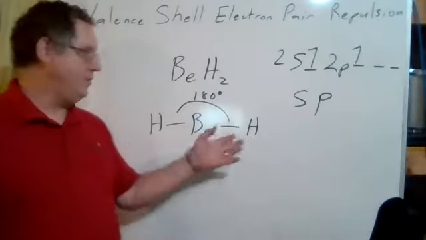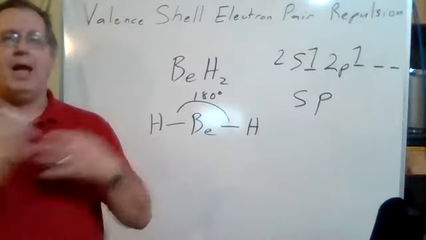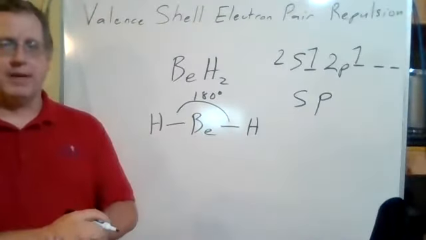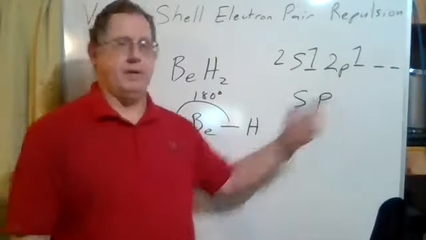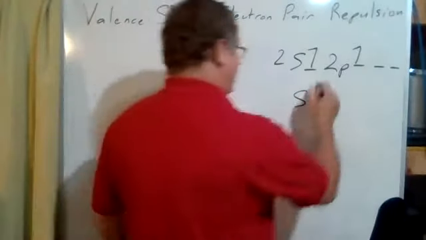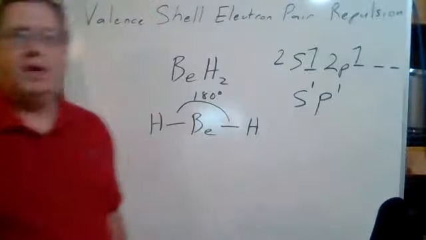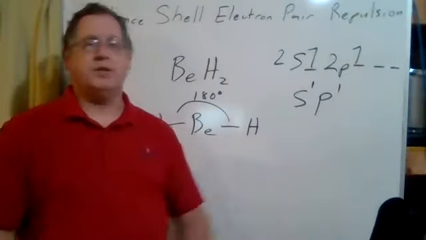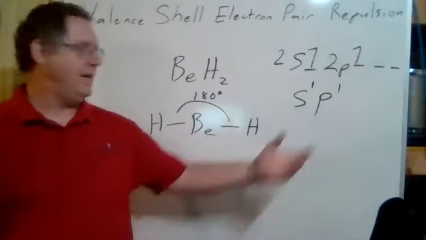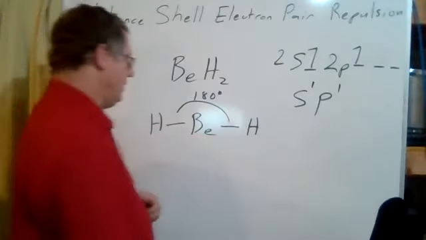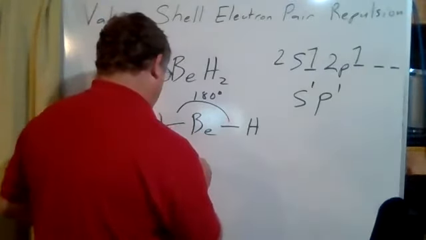So if I have two regions of electron density, I have sp hybrid orbitals, okay? 1, 2, sp. If I think of these as having an exponent of 1 each, I have 2. I'm going to add up to 2 for my hybrid orbitals. And sp is associated with this type of molecular shape, which we call linear.